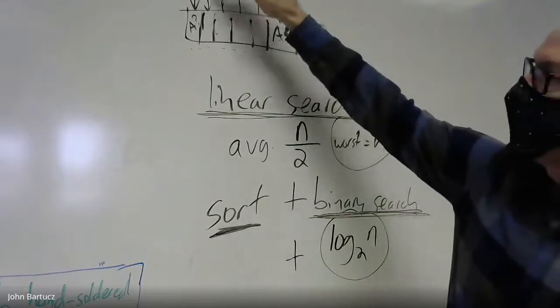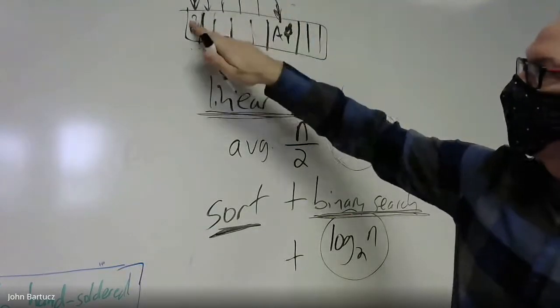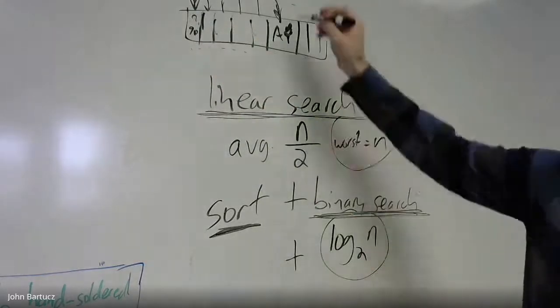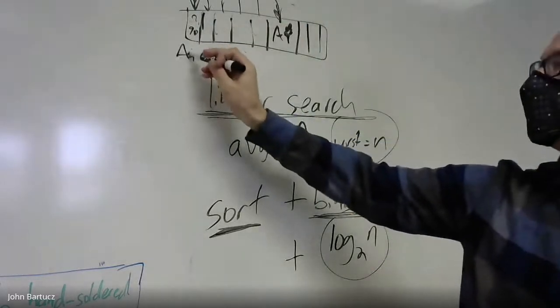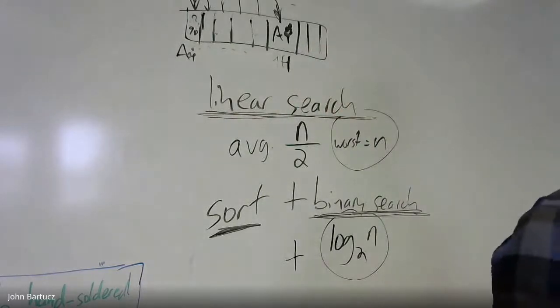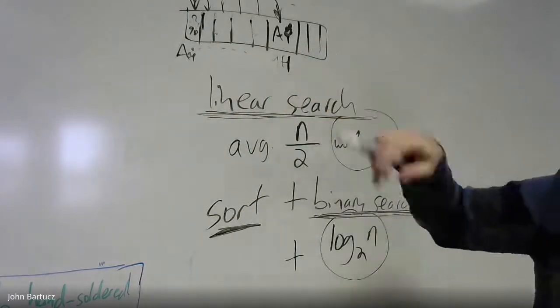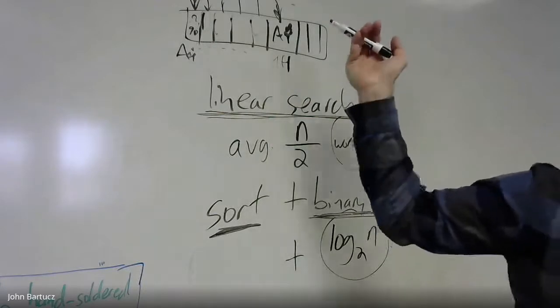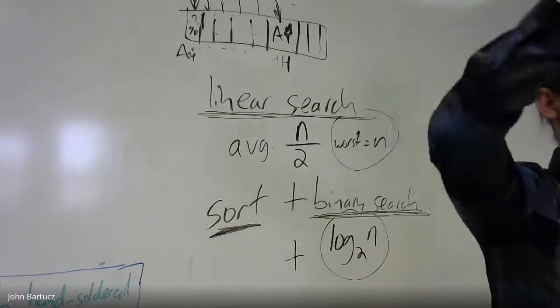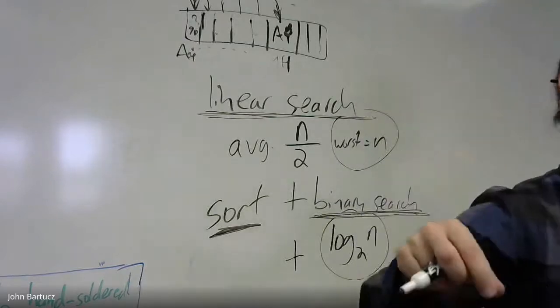I'm going to switch it. So say this was the 9 of hearts. I switched them to make this the ace of clubs and this the 9 of hearts. I don't really care where I put this one. I know I'm going to get to it later. So instead of creating a whole new array, it's much easier for me to just switch those two cards.